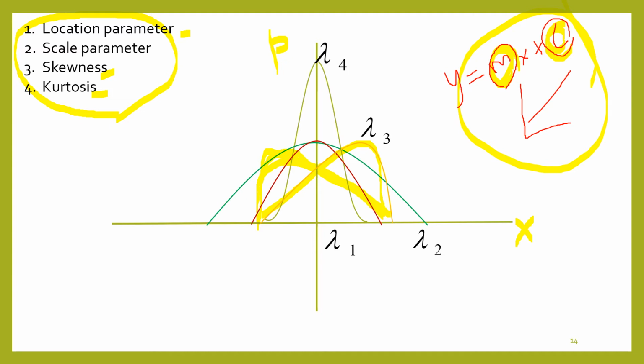If we're dealing with extreme values, it should be skewed to the left. Because for extreme data, let's say this is X, this is probability, and X is rainfall data.